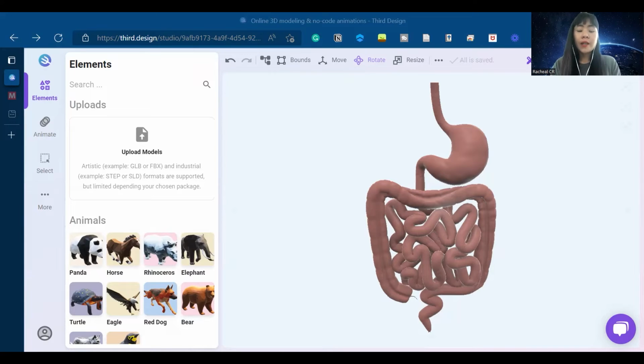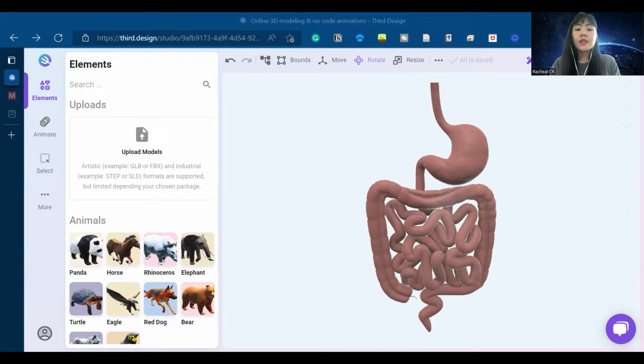The muscular valve in the stomach, which is known as the lower esophageal sphincter, receives food after it reaches the end of the esophagus.